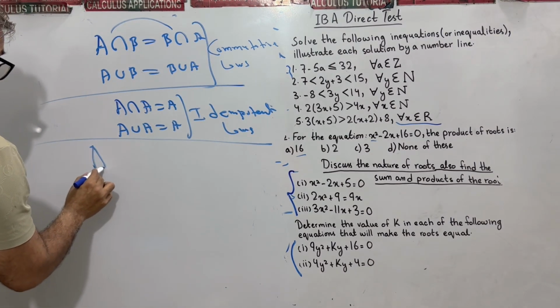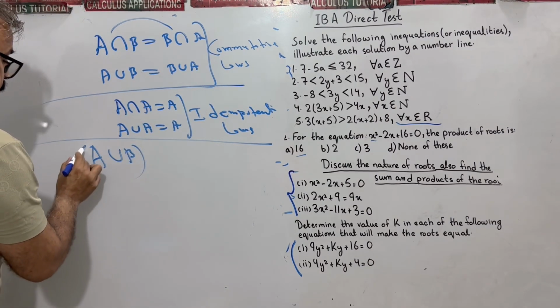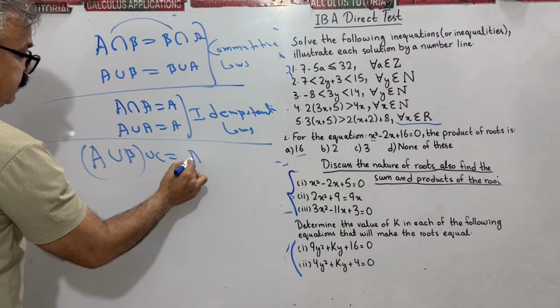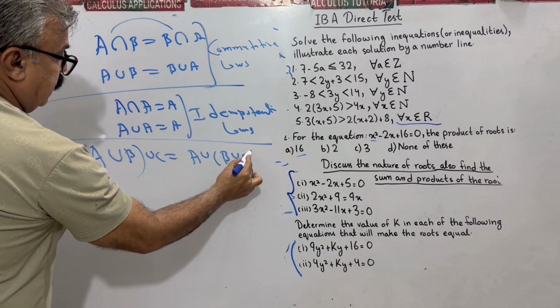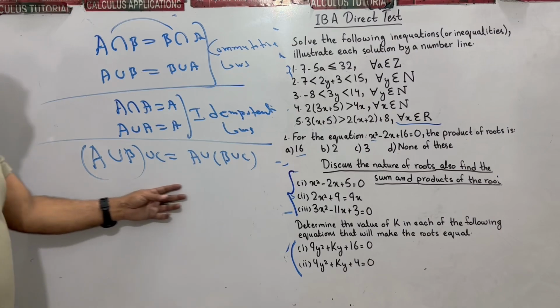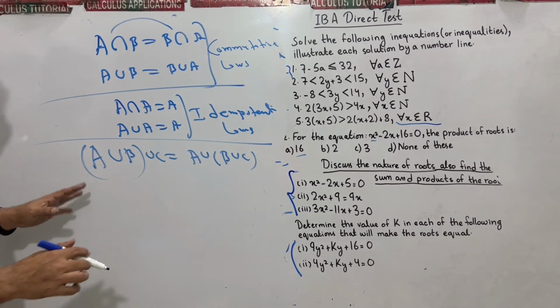Here is the associative law. A union B, then union C, is equal to A union B union C. Associative law for union. They differ in the bracket.